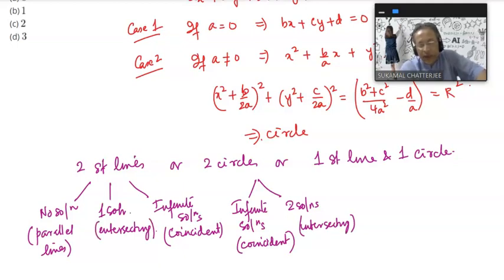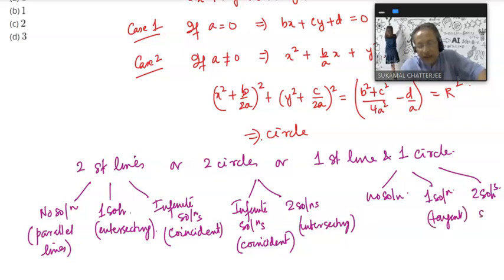And if it is one straight line and one circle, then there can be no solution, which means the line and circle are not touching each other. There can be one solution, where the line is a tangent, or there can be two solutions, where the line is a secant.